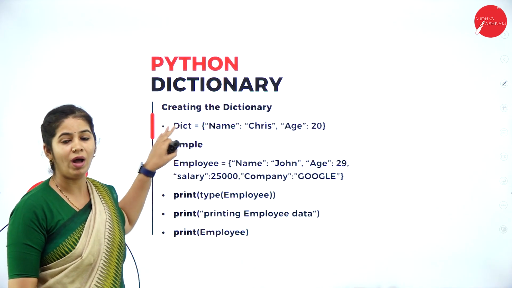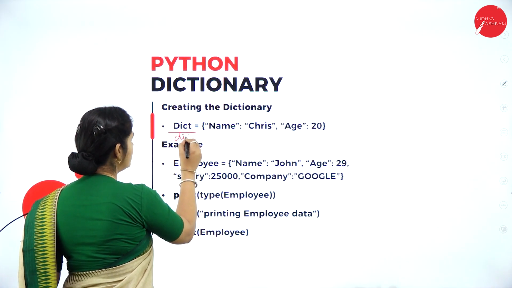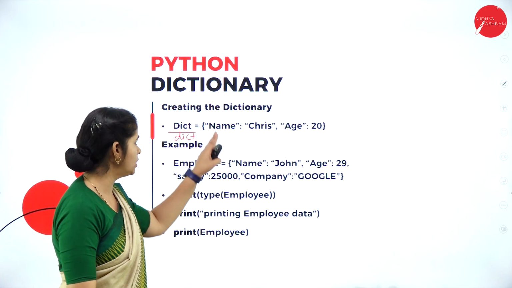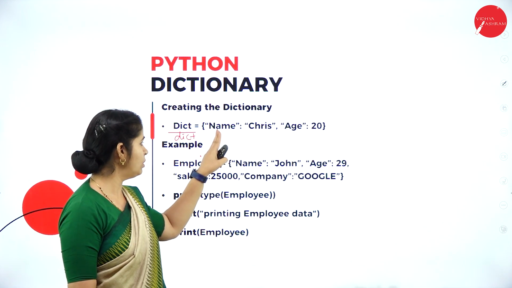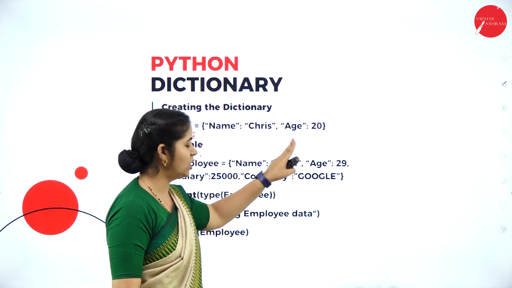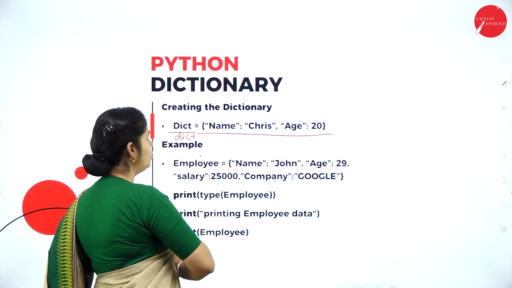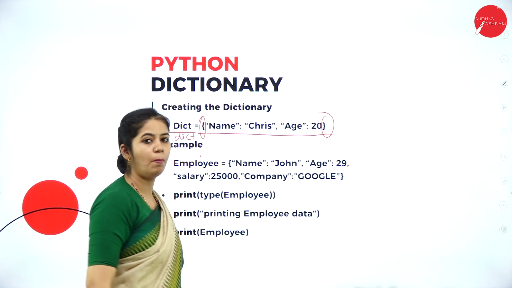We are using one keyword called dict, D-I-C-T. Dict is a keyword used to create a dictionary. So, name is a key, and value is the corresponding value. Then age is a key, 20 is the value for that age. So, this is how we are going to create it. We are enclosing that within the curly braces.